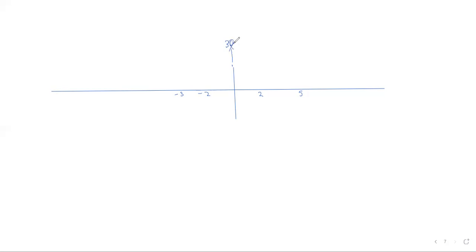Graph past the y-intercept at 30. And we have an x-intercept here, an x-intercept there, an x-intercept there.